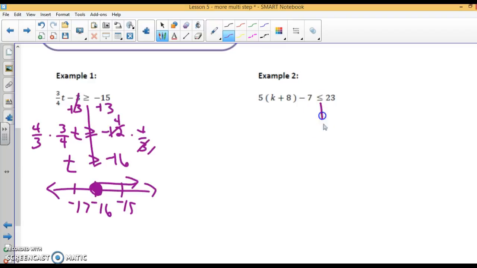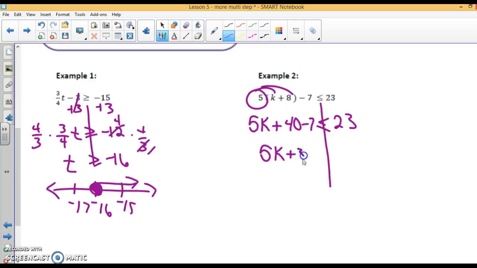All right, this inequality, I need to use distributive first. So I'm going to have 5k plus 40 minus 7 is less than or equal to 23. I'm still simplifying. 5k plus 33, because when I combine like terms, is less than or equal to 23.